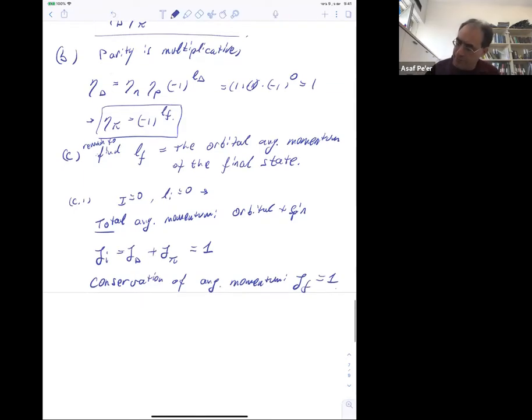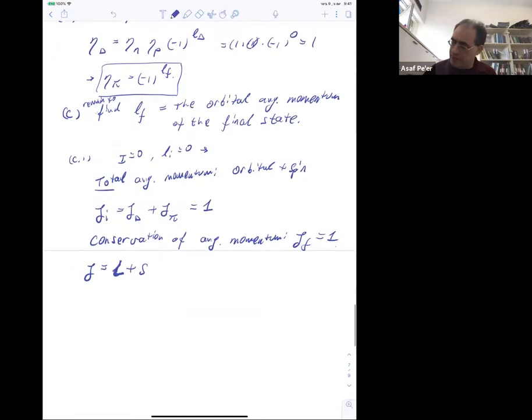Now J, remember, is the orbital angular momentum plus the spin. So in order to proceed, I have to resort to addition of angular momentum. So we know that JF must be in the range of LF minus SF to LF plus SF.